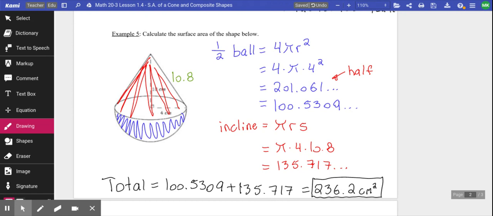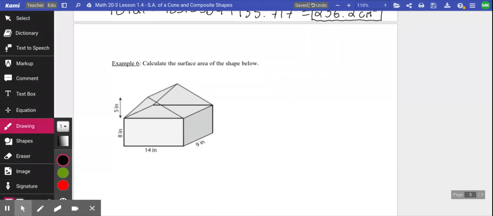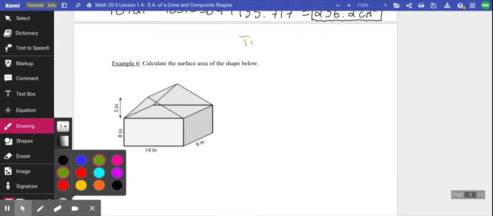These composite shapes are challenging. Try to break it down by side. You can try the next one on your own. I'll give you, remember, a triangle is base times height divided by 2.